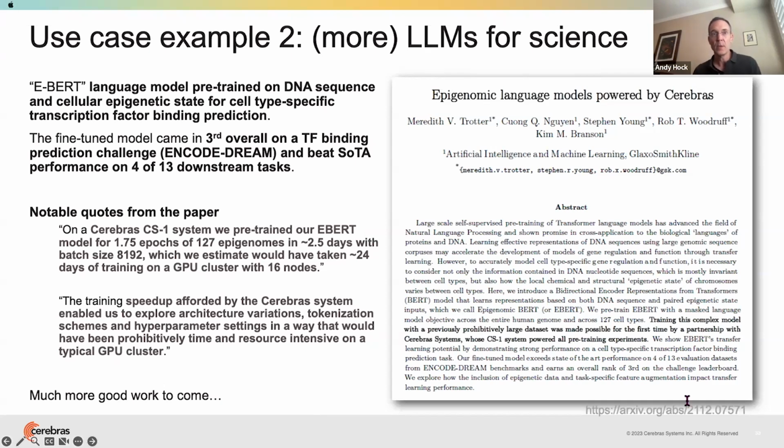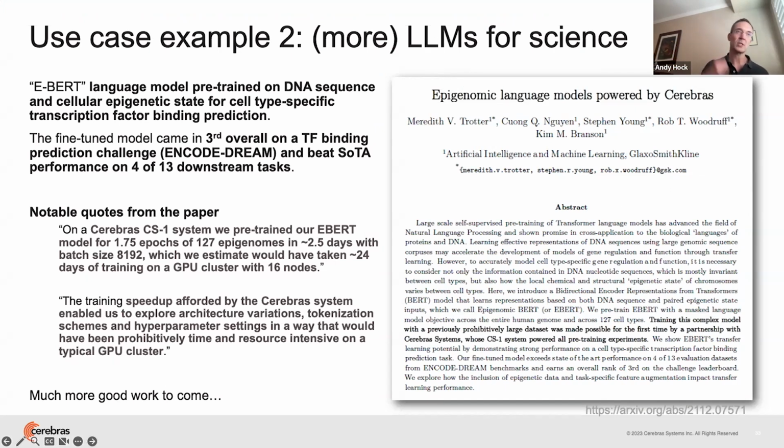And so here, obviously, we can get excited about the performance result from a computational standpoint, but what I think is really relevant to science is that the training speedup, as they say, afforded by the Cerebras system allowed them to explore architecture variations, tokenization schemes, and hyperparameter settings in a way that would have been prohibitively time and resource intensive on a traditional cluster.